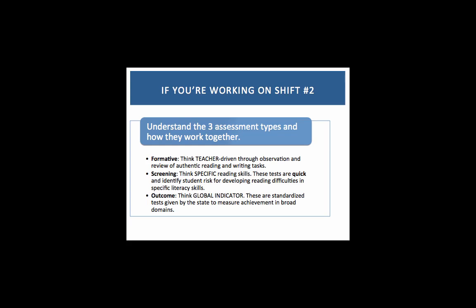To conclude this webinar, I'd like to leave you with a few action steps for those of you who are considering working on Key Shift 2. The first of those is that your team should work together to understand the 3 assessment types and how they work together.